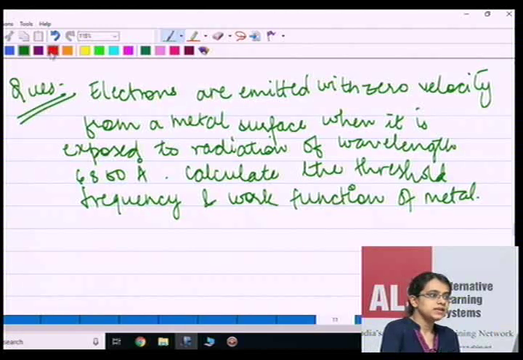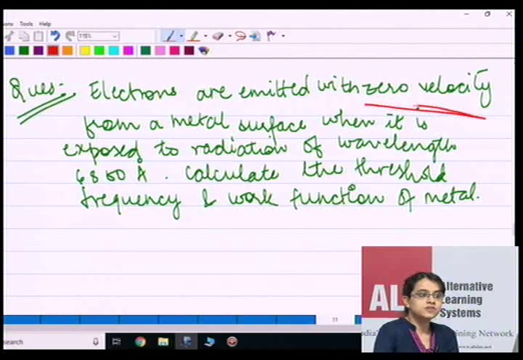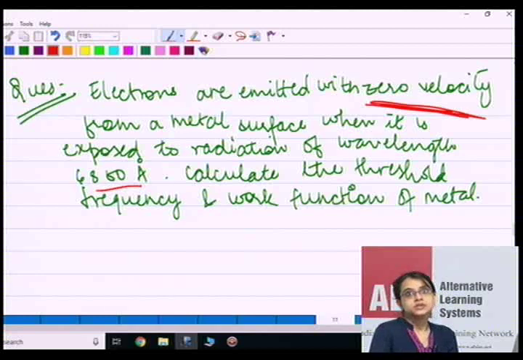Just to give you a hint, in case you are stuck anywhere, if you're given that the electrons are emitted with zero velocity, then this actually means that the wavelength that you're given is the threshold wavelength. Okay? This means that whatever wavelength you're providing is just enough to emit an electron, which means it is threshold wavelength.